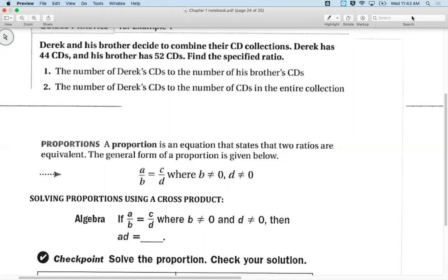First thing I like to do is this. How many total CDs do I have? How do I find that? Add them. So let's add. 96. Now, before I do anything, I typically do that. Why?